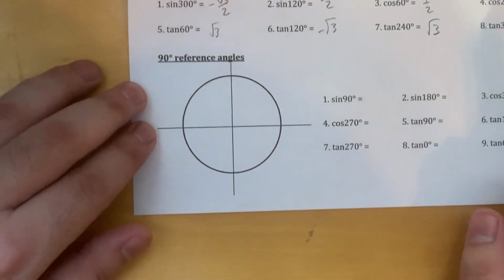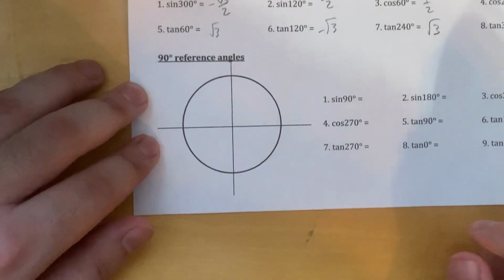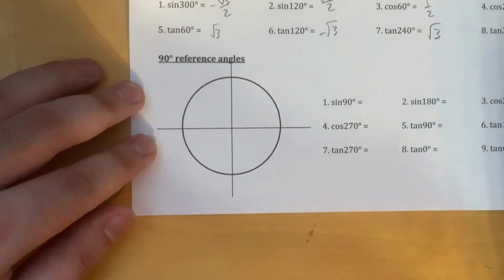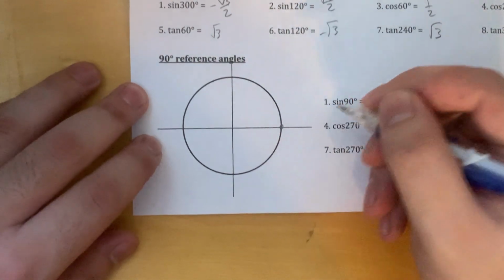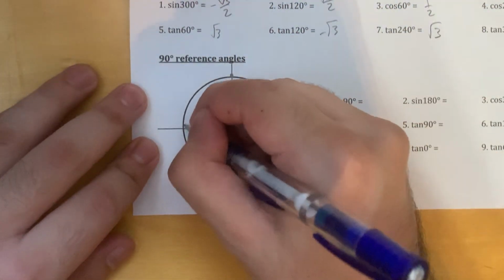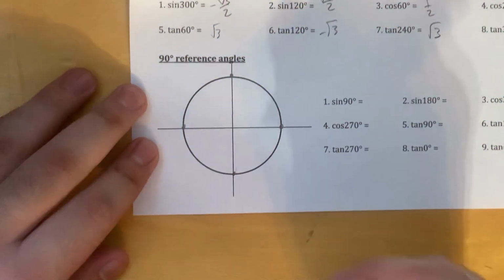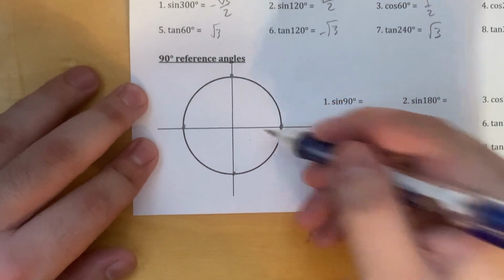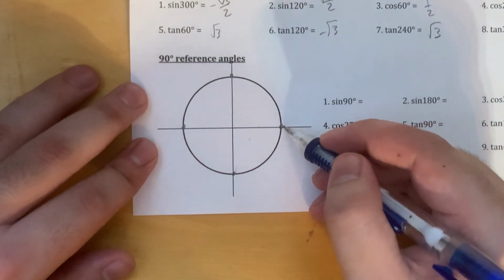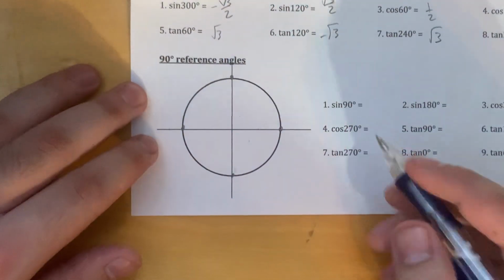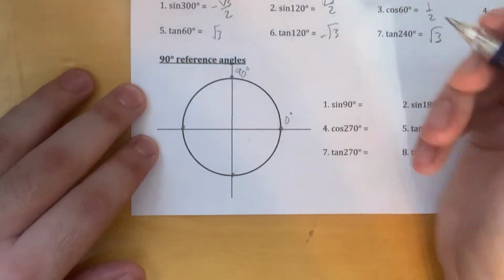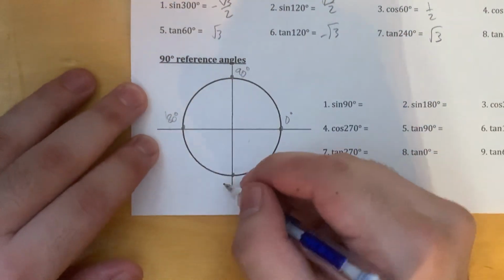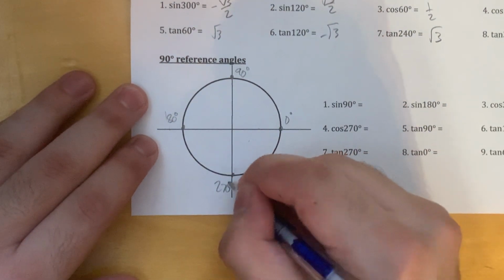All right, so now we're on to 90-degree reference angles. And you're like, well, how can we draw a right triangle if we have to place our point here, here, here, and here? Those are all 90 degrees apart from the x-axis, right? Well, you have to include 0 and 180. So we have 0 degrees, 90 degrees, 180 degrees, and 270 degrees.